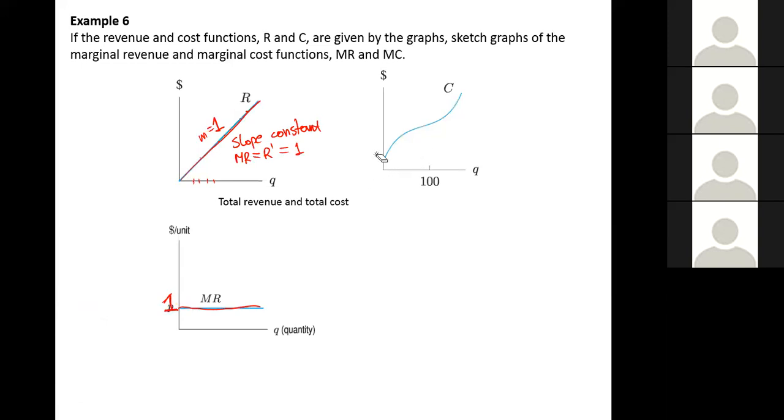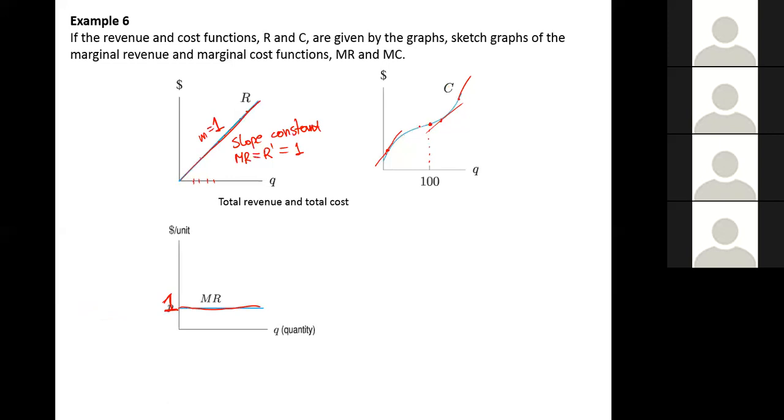Okay, this one is not really constant, because if I draw a few tangents, the slope is changing. Let's draw the tangent here, and here.